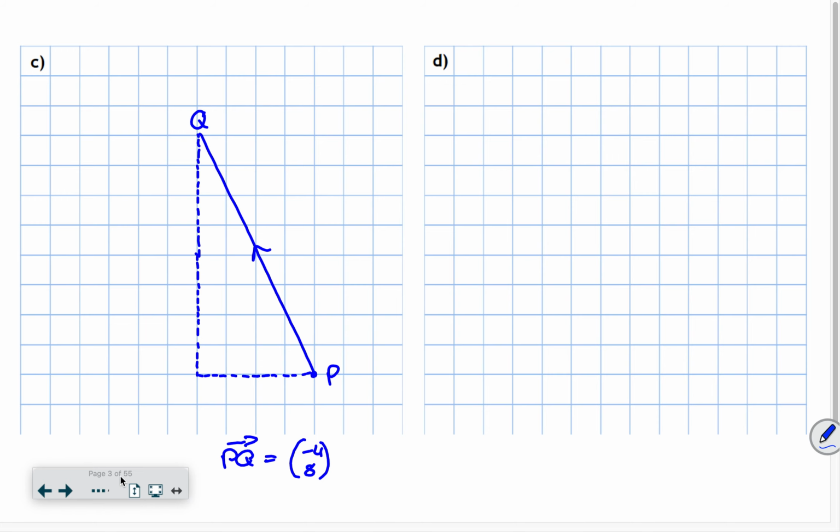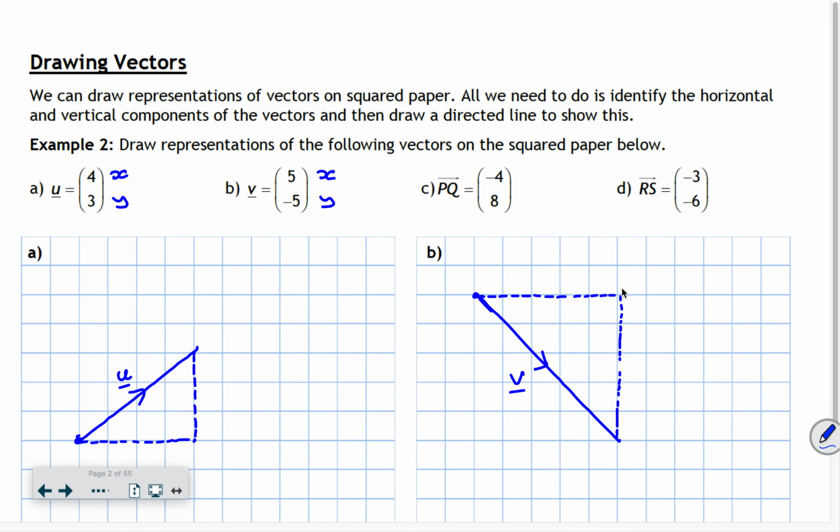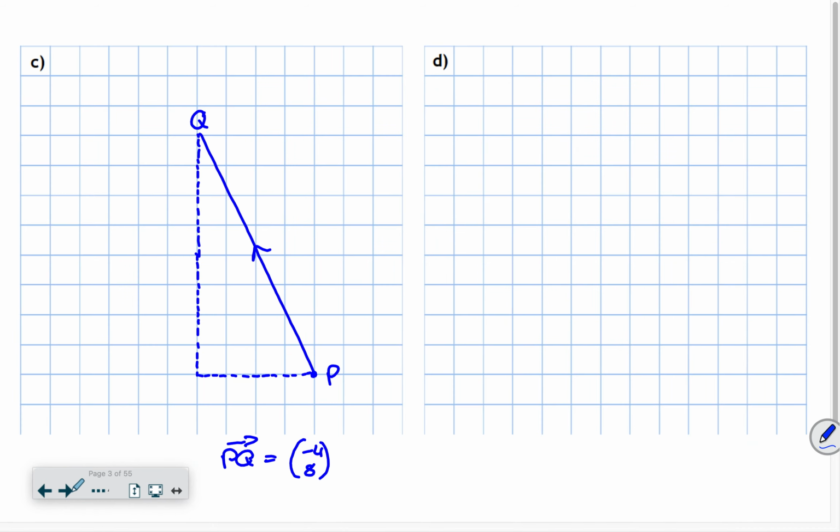And the last one, part D, is vector RS, and it's got components negative 3, negative 6. So RS is negative 3, negative 6. So I'm going to go 3 in the negative x direction and then 6 in the negative y direction.